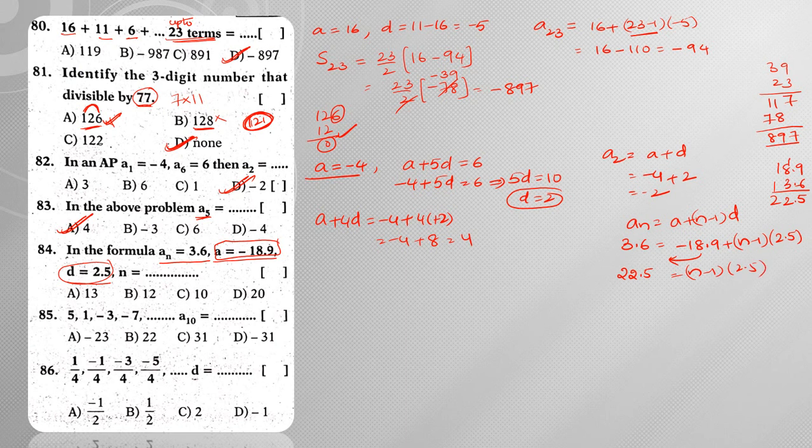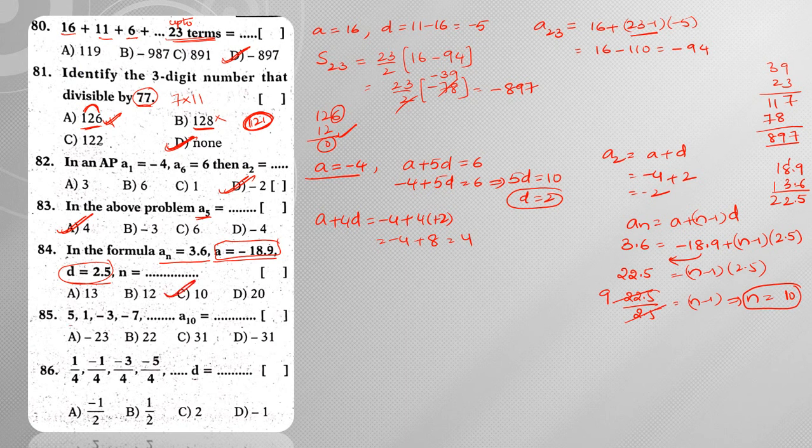Now when you transpose this 2.5, 22.5 by 2.5 is equal to N minus 1. Already we know the 25 table: 25 4s are 100, 25 8s are 200, 25 9s are 225, that means this cancels 9 times. So from this N minus 1 is 9, and when I transpose it becomes plus 10. So N is equal to 10 is my answer.